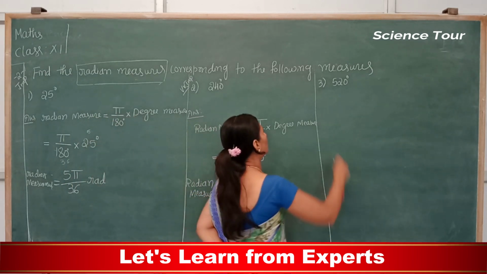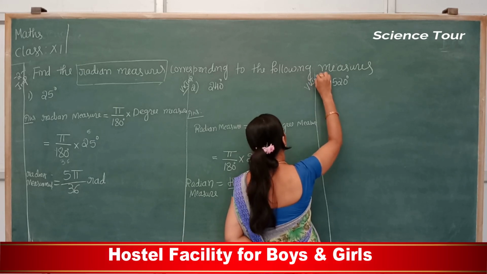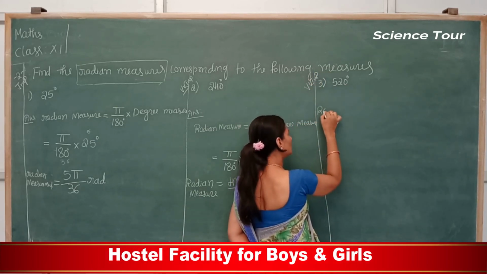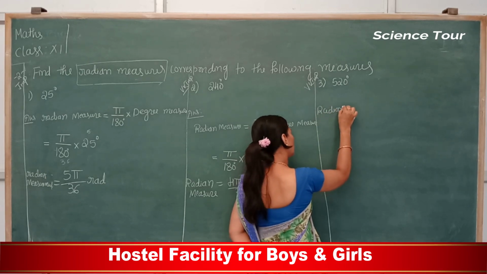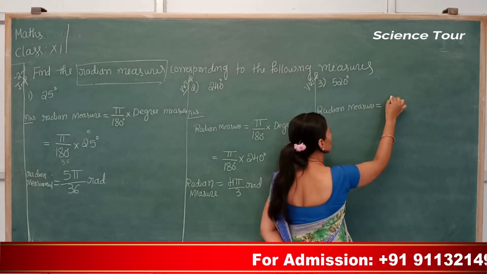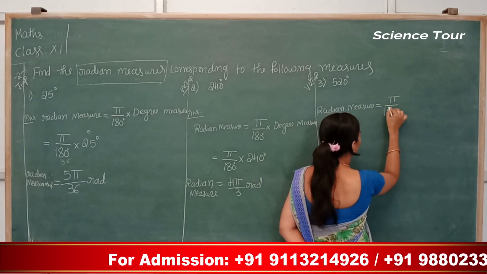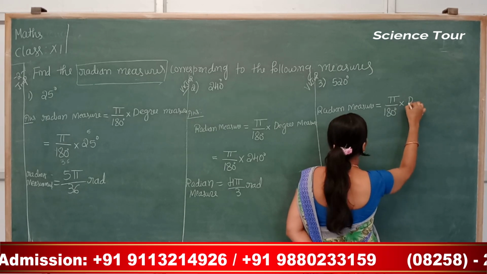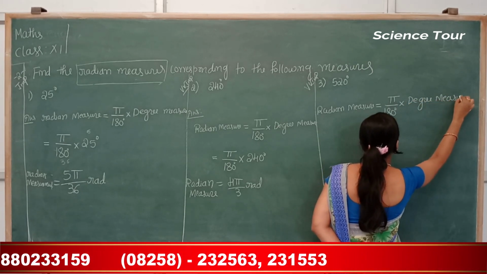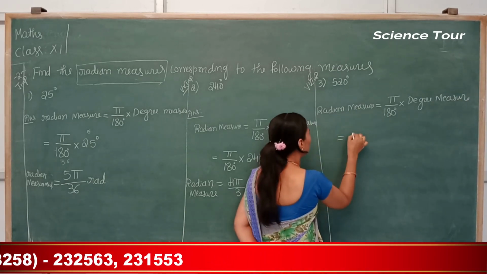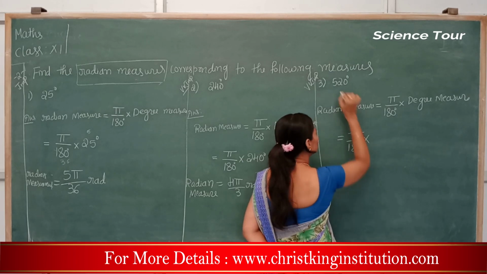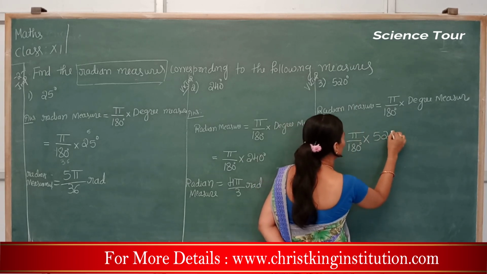Now next, 520 degree. This is also very important for 2 marks. Now 520 degree. I need the radian measure, which is equal to pi divided by 180 degree into degree measure. So that is equal to pi divided by 180 into, what is the degree measurement? That is 520 degree.